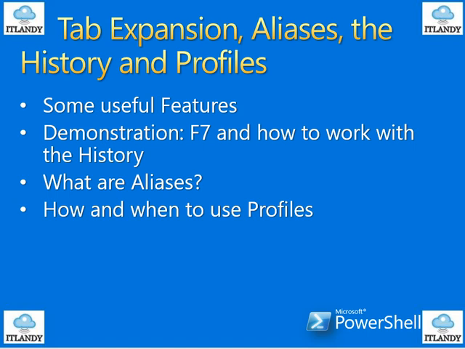A number of features of Windows PowerShell are designed to help administrators get their work done more quickly from the command line. In this part, you will see how to use tab expansion to help choose cmdlet names and parameters.